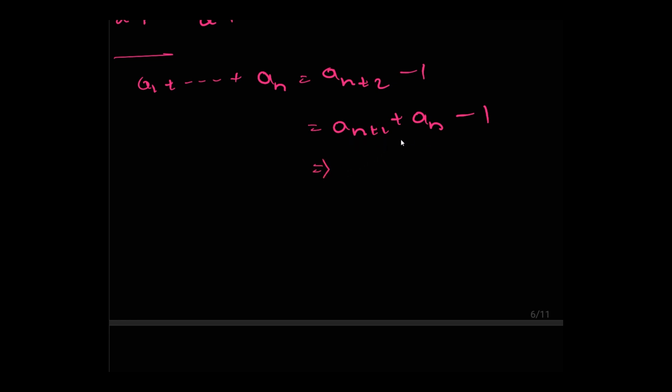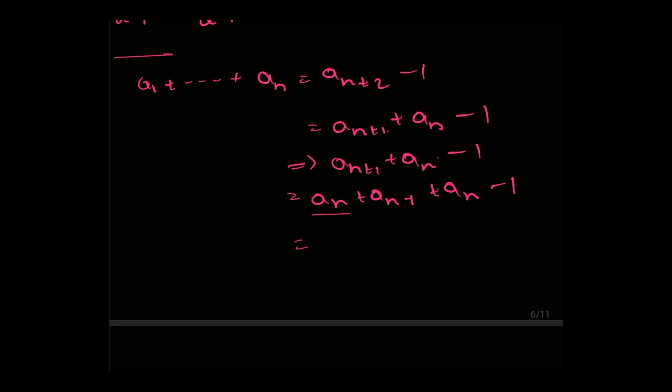Now apply here for n plus 1. We get an plus an plus an minus 1 minus 1. That can be written as an plus 1 plus an equals to an plus an minus 1 plus an.